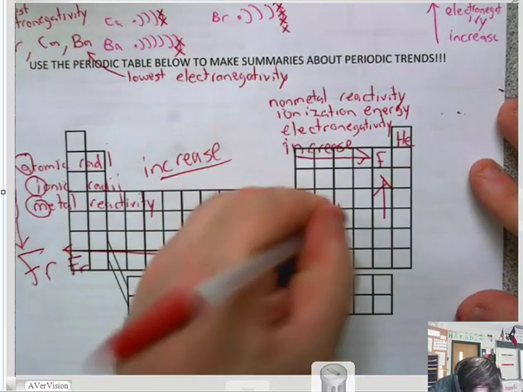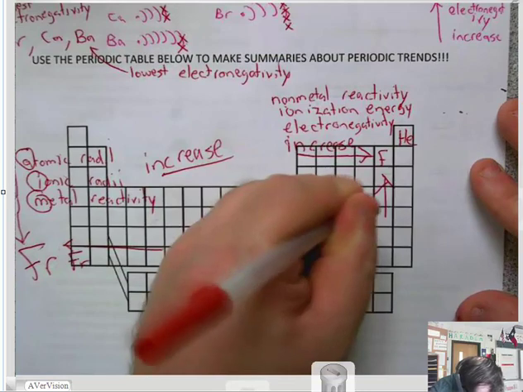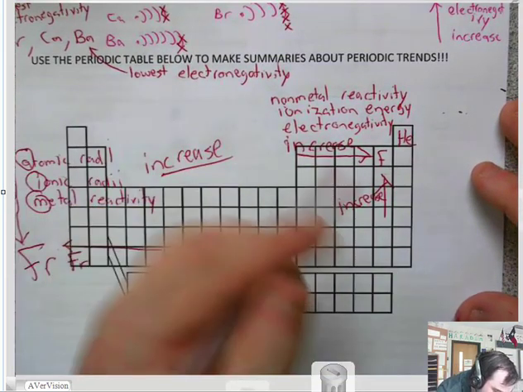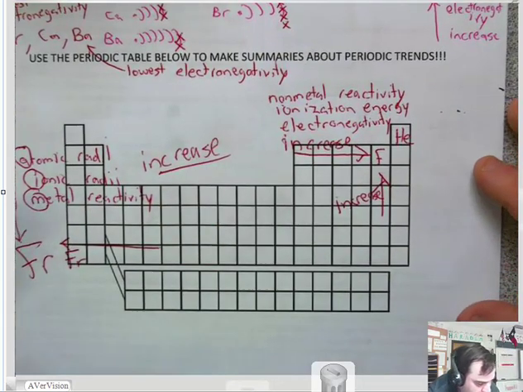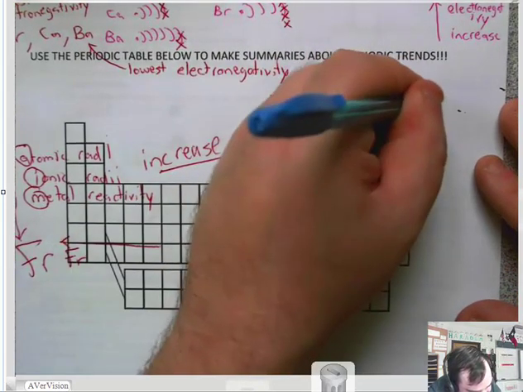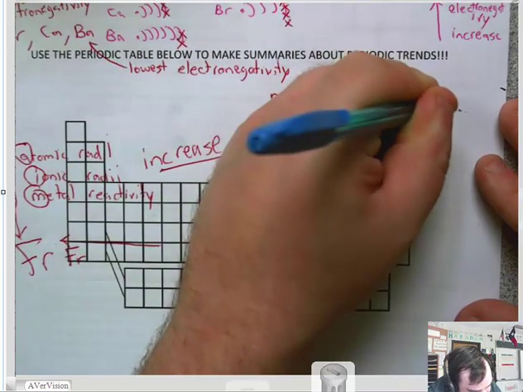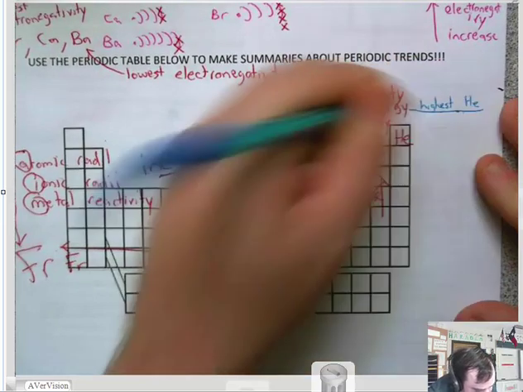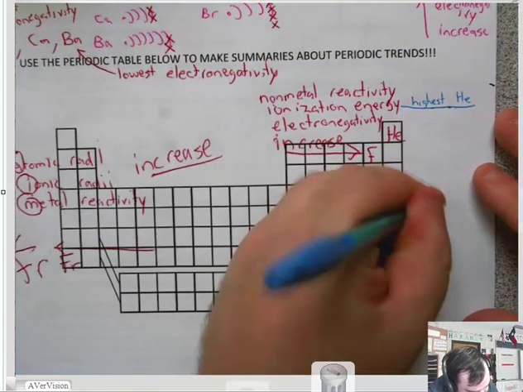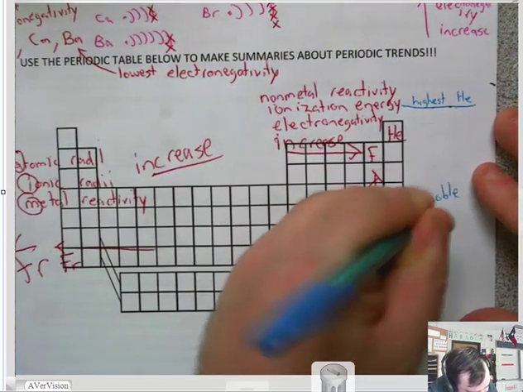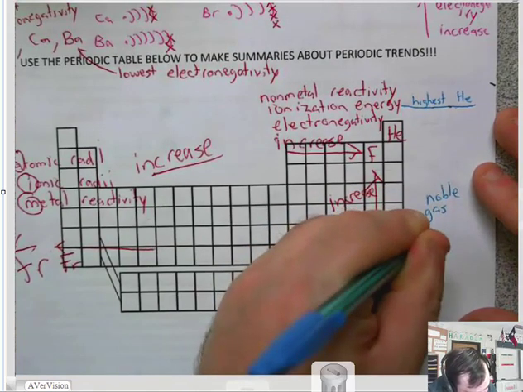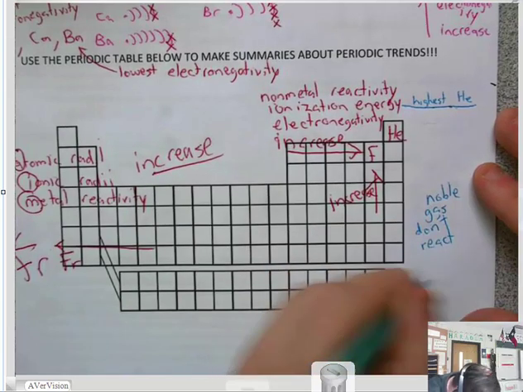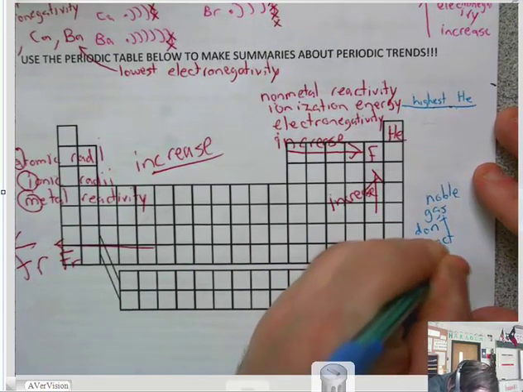So if you're going up a group or left to right across the period, it increases towards fluorine. Now, remember, ionization energy, really the highest is helium. Okay? Remember, noble gases don't react. Zero electronegativity.